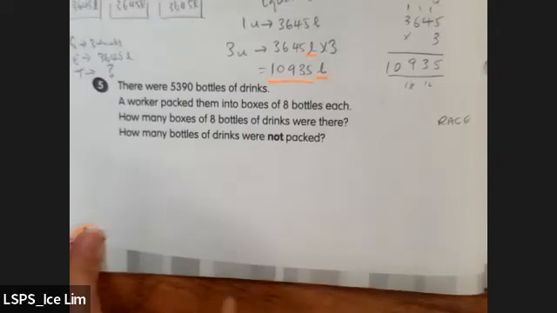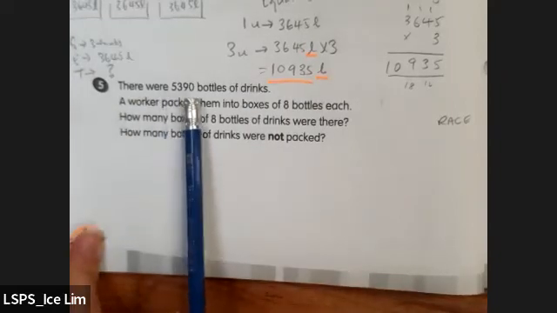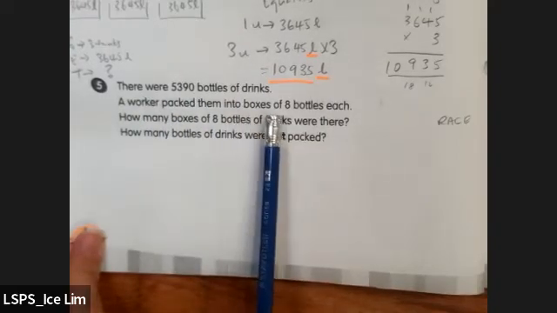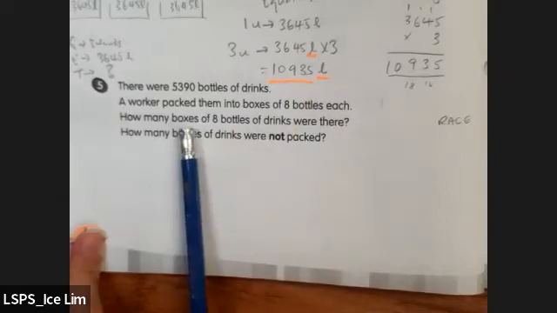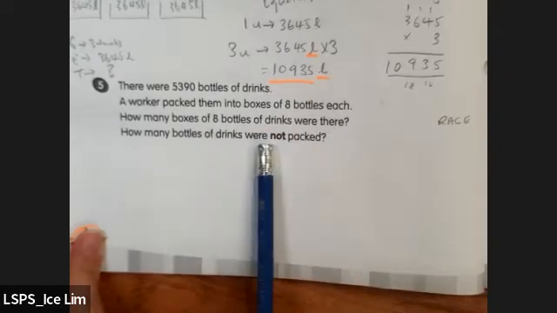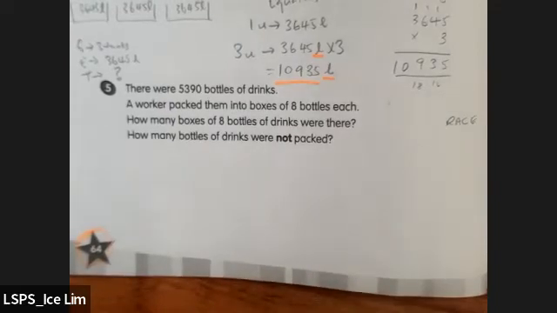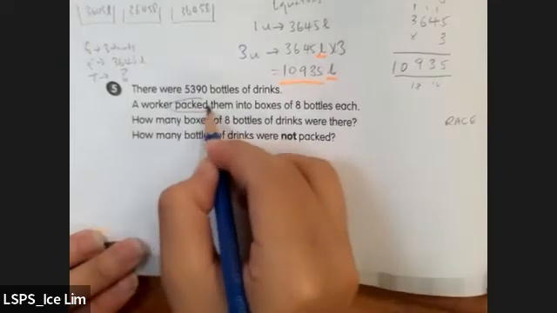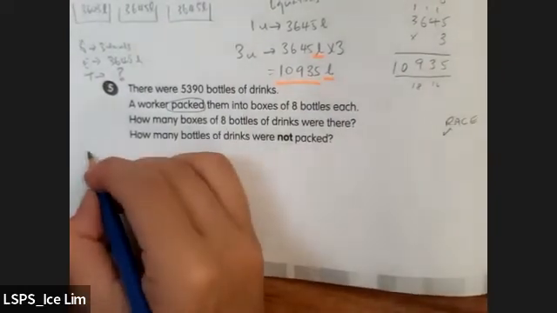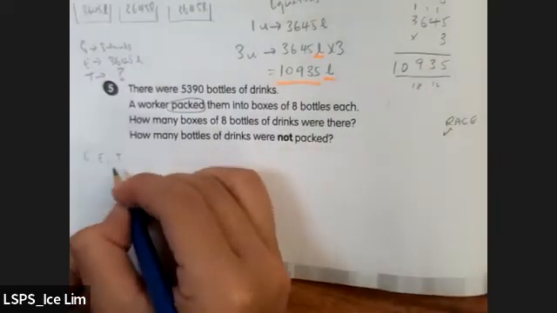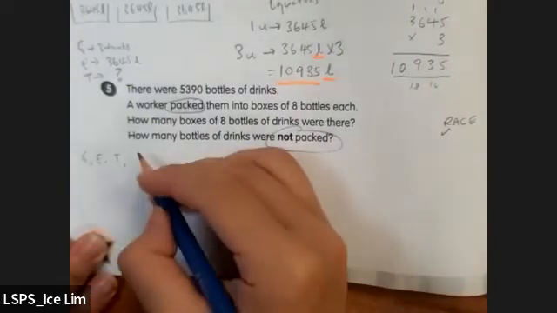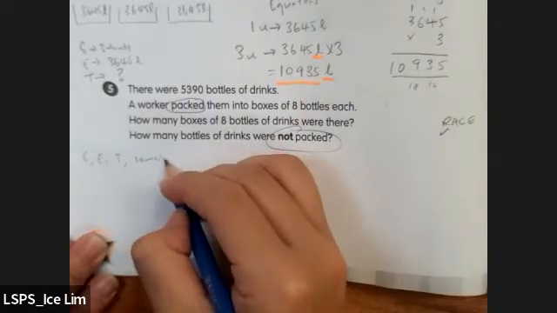So I read it again. There were 5,390 bottles of drinks. A worker packed them into boxes of 8 bottles each. How many boxes of 8 bottles of drinks were there? How many bottles of drinks were not packed? There's this word unpacked. Likely, there's the idea of the group, each and total. And maybe not packed, there's probably a remainder.